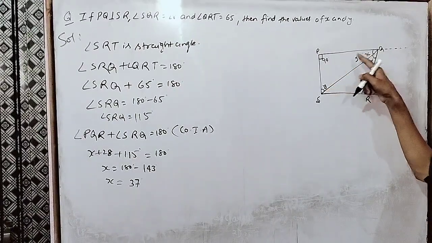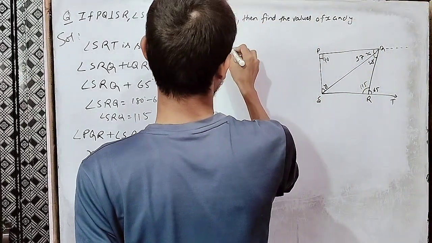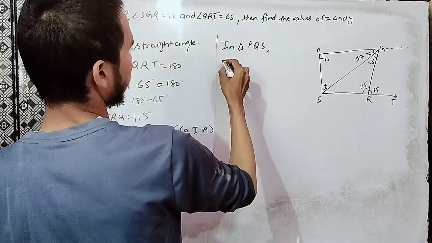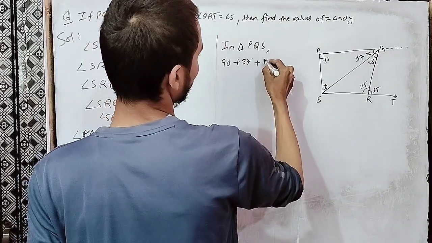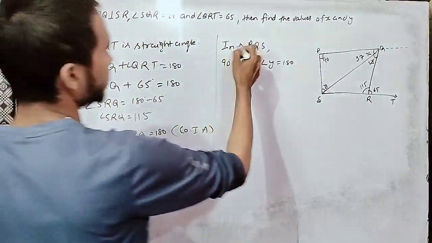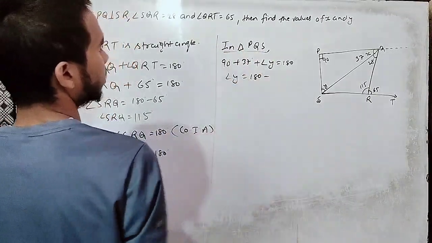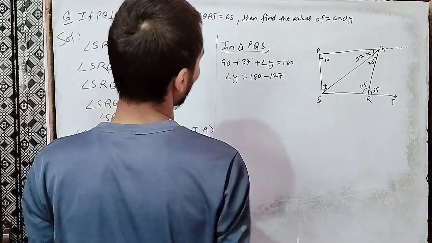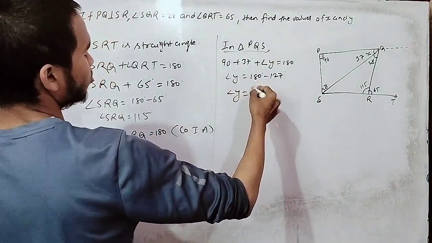Taking triangle PQS, one angle is 90, the second is 37, and the third we don't know. The sum is 180, because it is a triangle. So angle Y is 180 minus 127, which is 53.